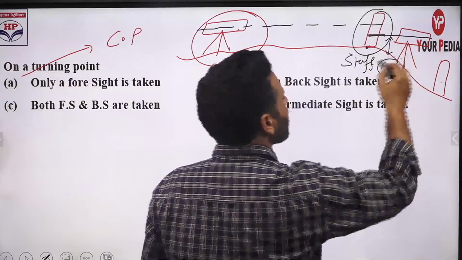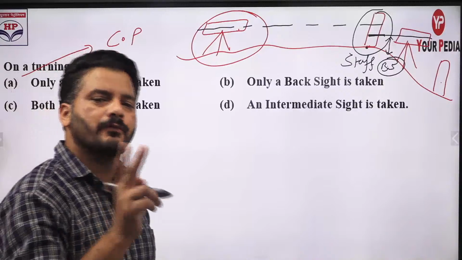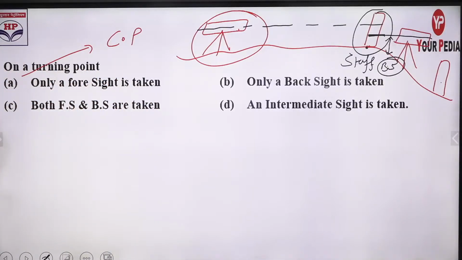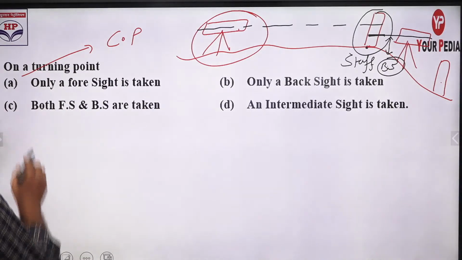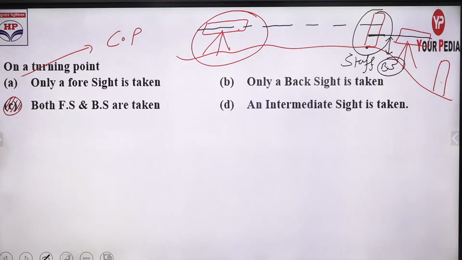Meaning to say that on a turning point, two readings will be there. One is your foresight, and after that you will get the backsight. Only a foresight is taken, no; only a backsight is taken, big no. Both foresight and backsight are taken, yes. This will be the answer. Option C is the answer. Fine. Yes, C is the answer.